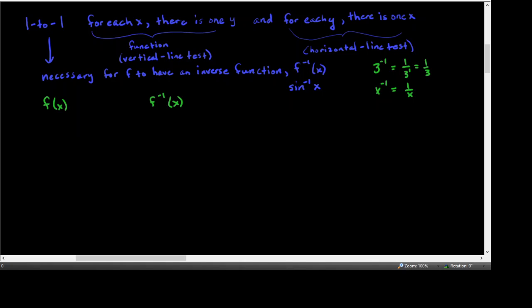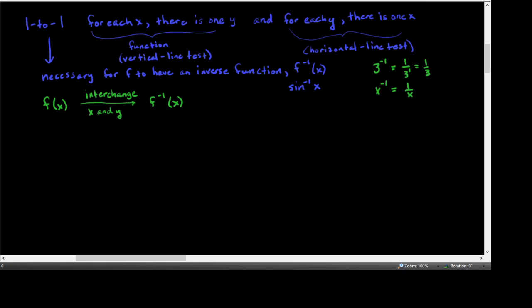To create the inverse function, once you've established that the function itself is 1-to-1 to begin with, and we're ready to find the inverse, the way that you do that is that you interchange the independent and dependent variables. In other words, interchange x and y.